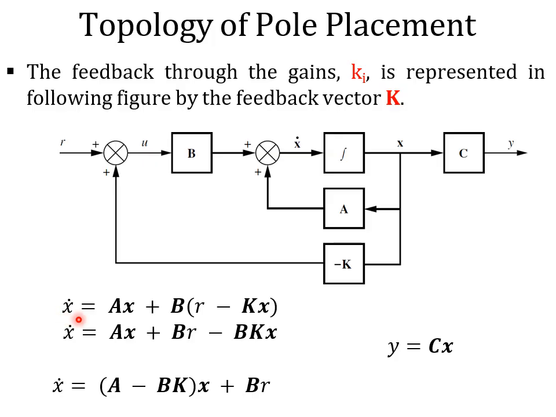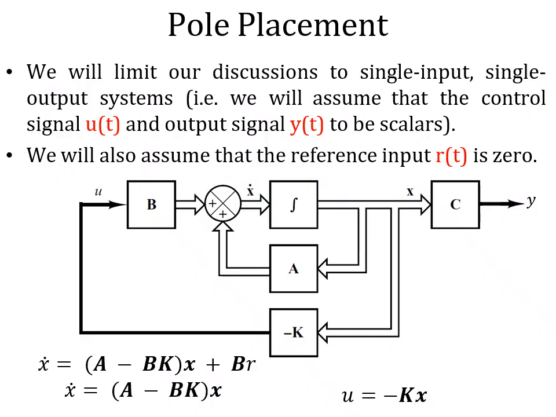Then the equation of x dot equals Ax plus B times (r minus Kx). We multiply B by the bracket. We get x dot equals Ax plus Br minus BKx. We add the terms of x, which is (A minus BK) times x plus Br, and y equals Cx. Then the new A matrix will be A minus BK.